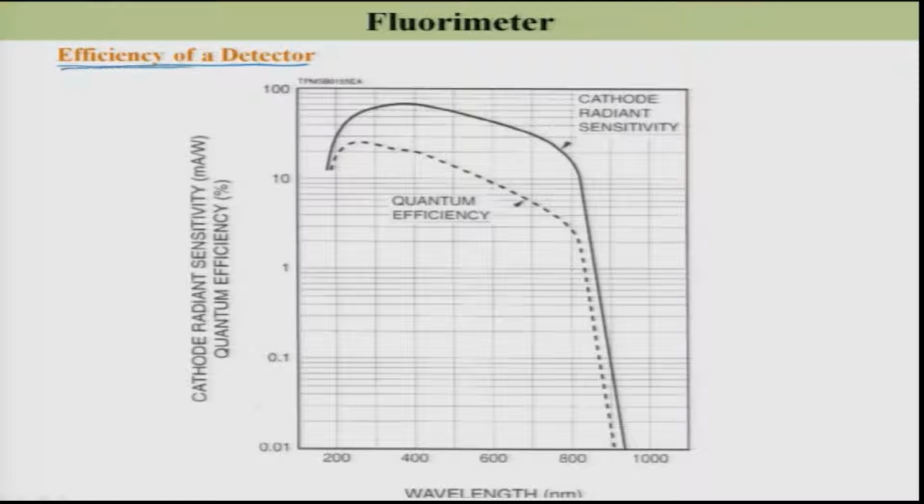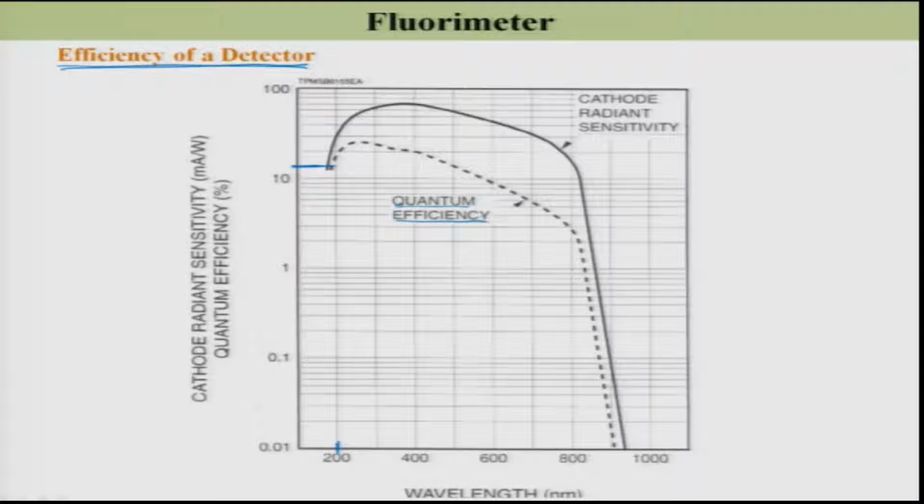See the efficiency of this particular detector, the Hamamatsu R928. Forget about that, it is just a particular detector. Here you see the efficiency is about 13-14% at 200 nanometer. This is the quantum efficiency, that is, how efficiently it converts photons to electrons.